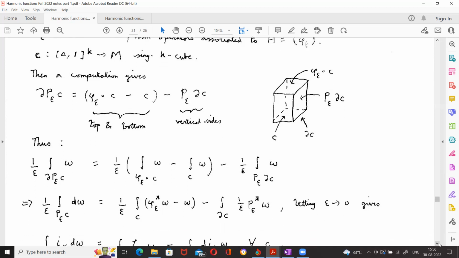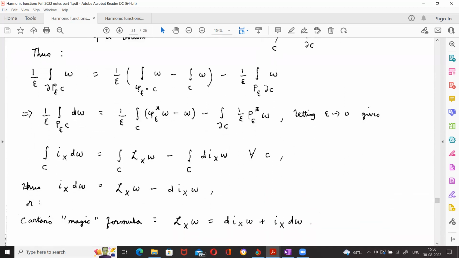Now we integrate. We look at 1 over epsilon times the integral of omega over the boundary of P_epsilon C. Note that C is a k-cube, so P_epsilon C is a (k+1)-cube, so its boundary is again a k-cube. So we can integrate omega over this. This becomes 1 over epsilon times the integral of omega over phi_epsilon composed with C, minus the integral over C, minus 1 over epsilon times the integral over P_epsilon of the boundary of C. The right-hand side becomes the integral over C of phi_epsilon star omega minus omega, with a 1 over epsilon here.